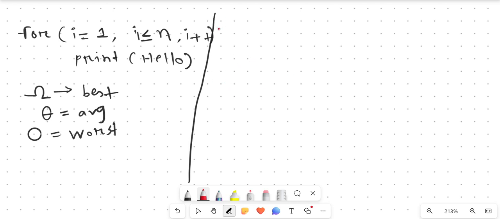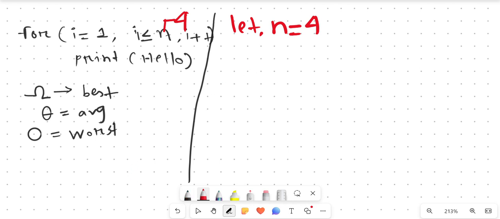Before that, first we need to understand n stands for user input. Since we do not know what the user input is, for my calculation purpose, I am assuming n is equal to 4. You can write this in the exam as well, like let n equal 4.